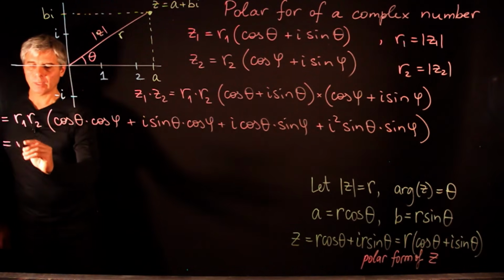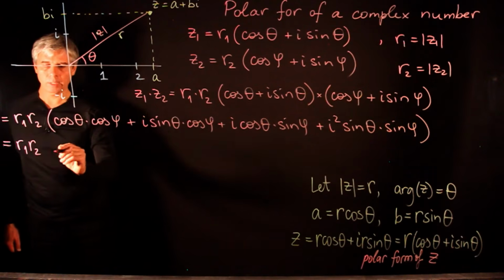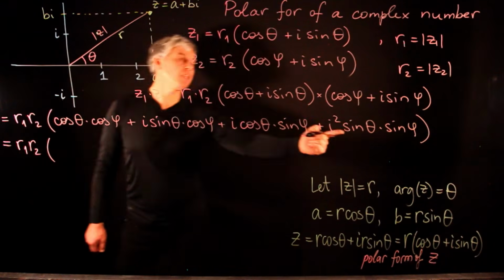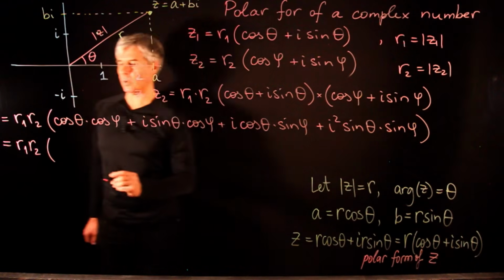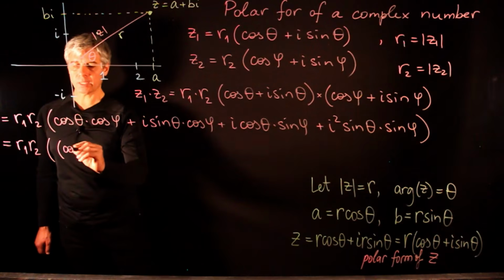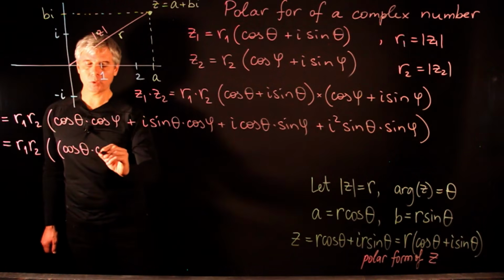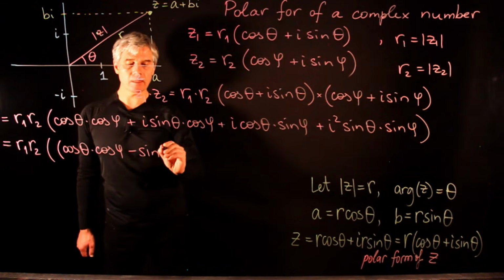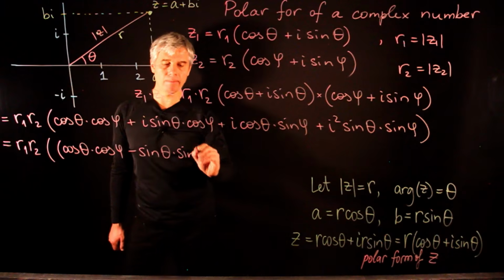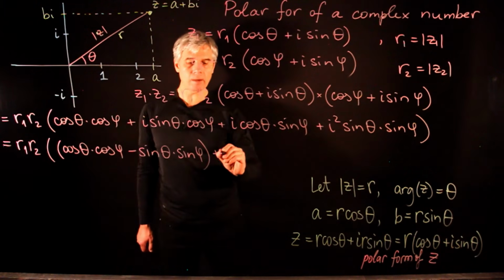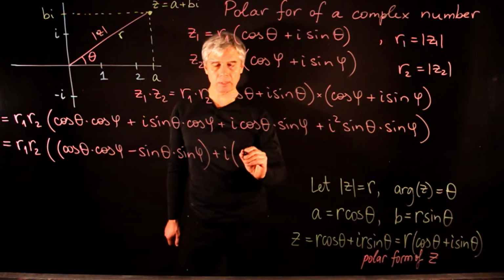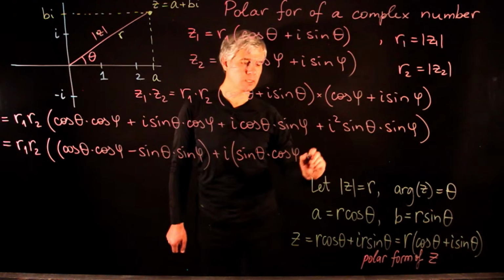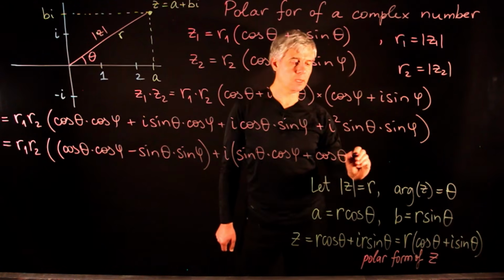This becomes r1 r2 times, so let's combine this term with the last term because i squared is equal to minus 1. So we have cos theta times cos phi minus, because of i squared, sine theta times sine phi. And now we have plus i times (sine theta times cos phi plus cos theta times sine phi).